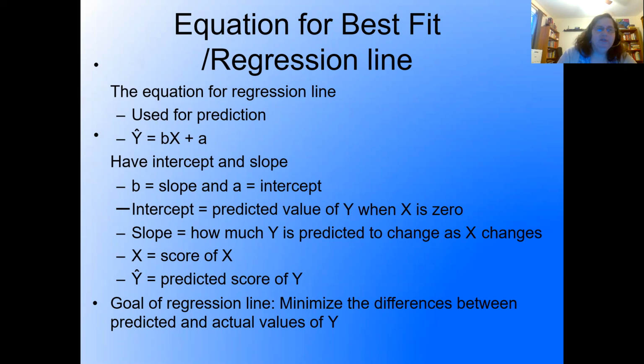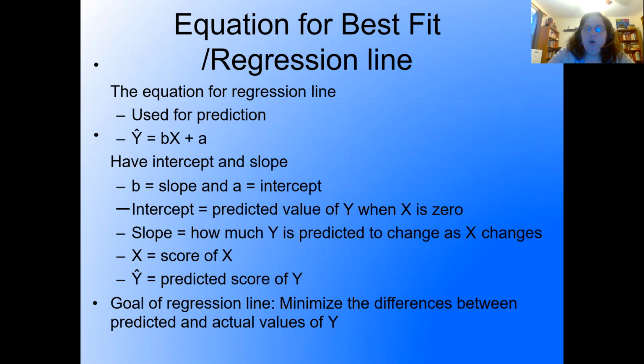So let's talk this through. Basically, we have an intercept and a slope. B, the one next to the x, is the slope, and a, the one by itself, is the intercept. Now the intercept is the predicted value of y when x is 0. So even when the independent variable is 0, what's y? That's the intercept. The slope is how much y is predicted to change as x changes.